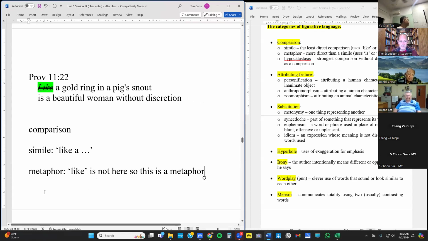Yeah. So Dwayne, you were right in your observation that it is obvious this is not literal, that a comparison is being made, but it's a strong comparison.